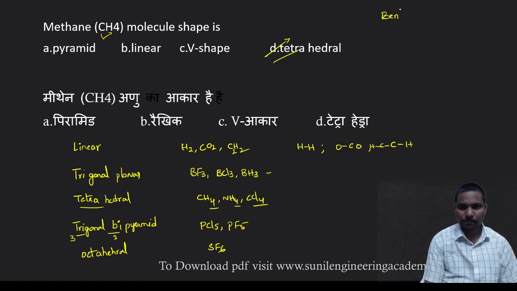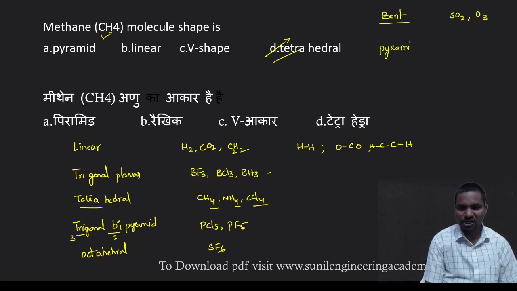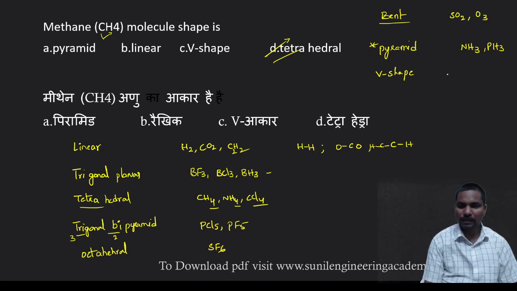After that, bent shape: SO2, ozone. These are bent in shape. Pyramid shape is also very important. Ammonia NH3 has a pyramid shape. PH3 or PCl3 also have pyramid shape. The next one, V shape, is also very important, because H2O is a V shape.